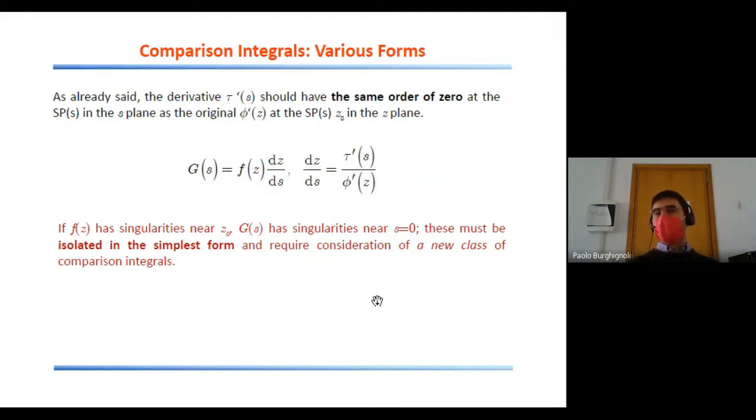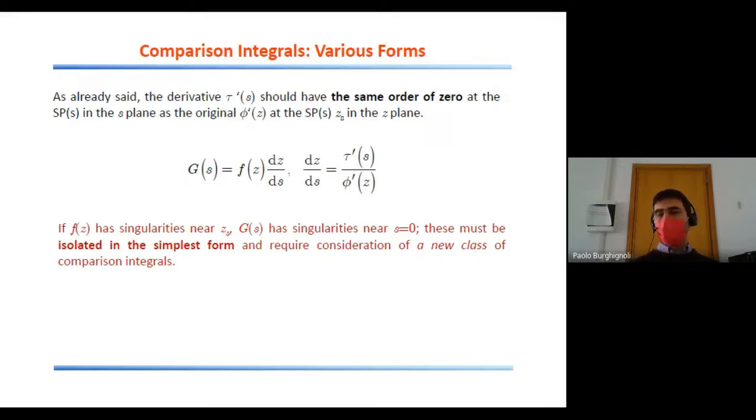Now, in order to treat those cases, those singularities must be isolated, possibly in the simplest form, and this gives rise to new classes of comparison integrals. So instead of having Gaussian integrals, we will have some different kind of comparison integral.